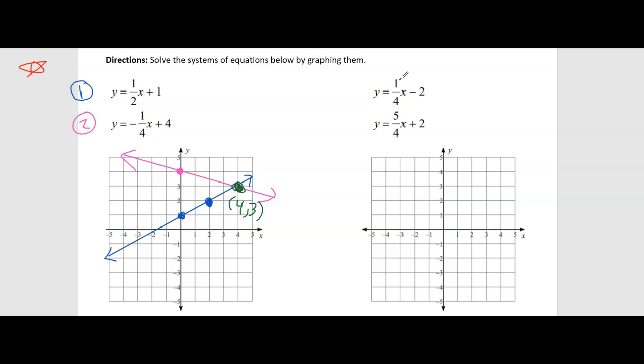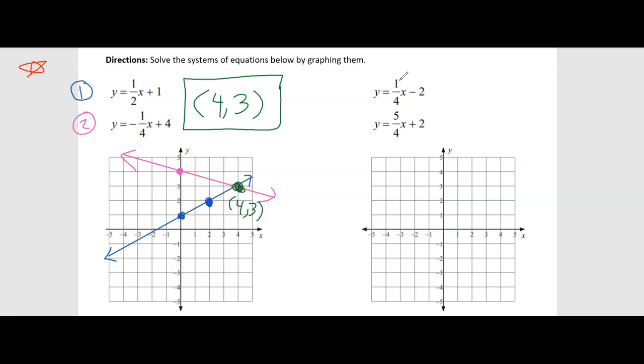The only point that works for both of these equations is the point 4, 3. That's the only combination of x and y values that would make both equations true up above. And this is what solving a system of equations by graphing looks like. You just graph both of the lines and you look at where they intersect. Okay, that point of intersection is the solution to both of the equations.